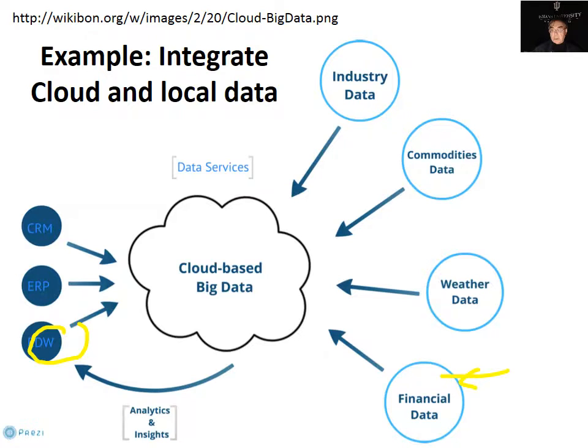Obviously the weather is correlated with how people feel and what type of clothes they want. Here we have commodities coming in, the price of commodities, and here we have data from industry. All of this is joined together with our own local data, and this produces the decisions that tell us what to do.